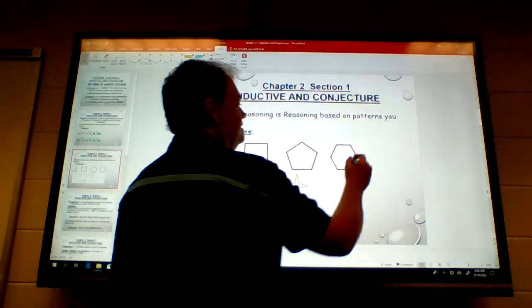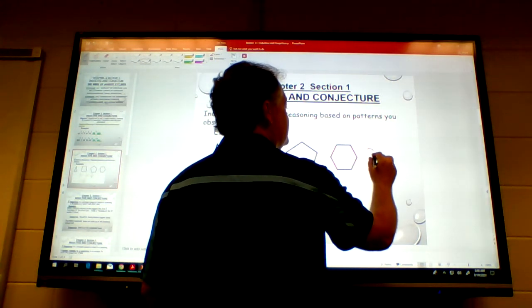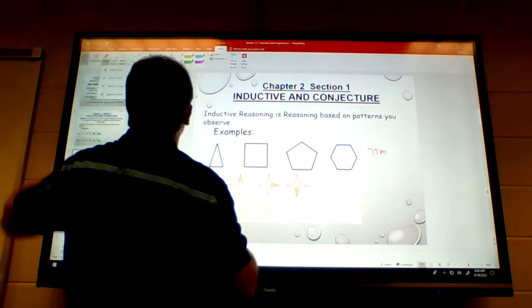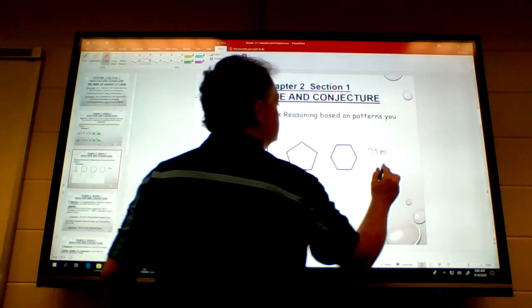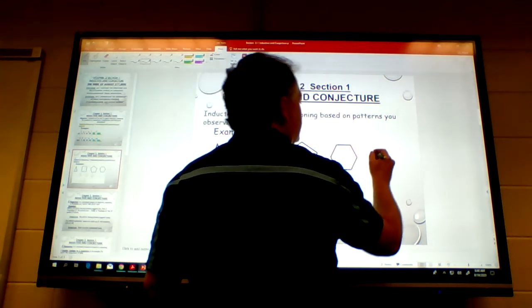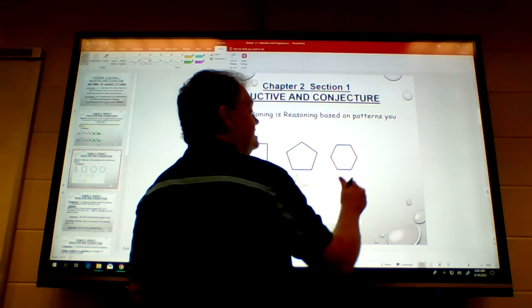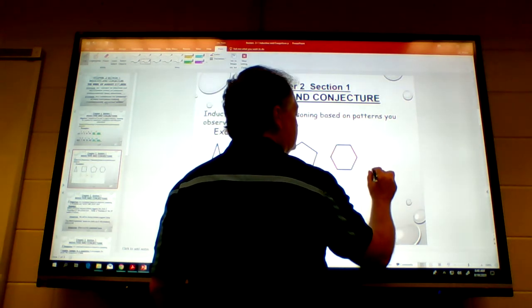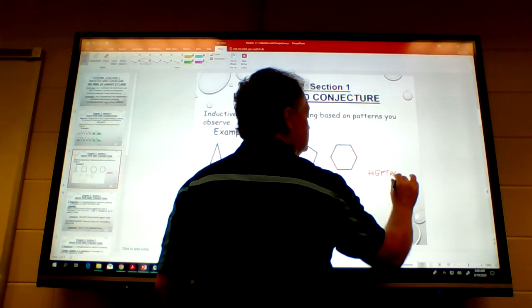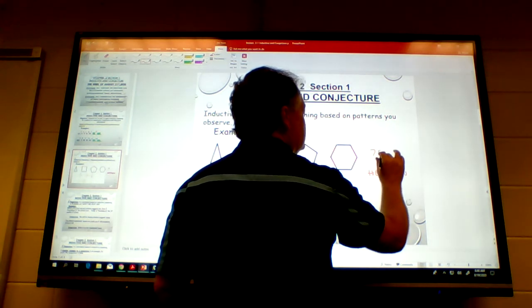Now the next figure is going to have 7 sides. Let me rewrite that again. It's called a septagon or heptagon. It's 7 sided.